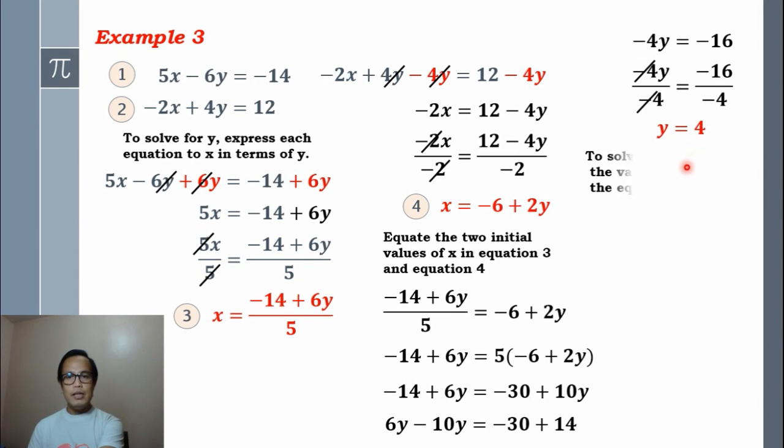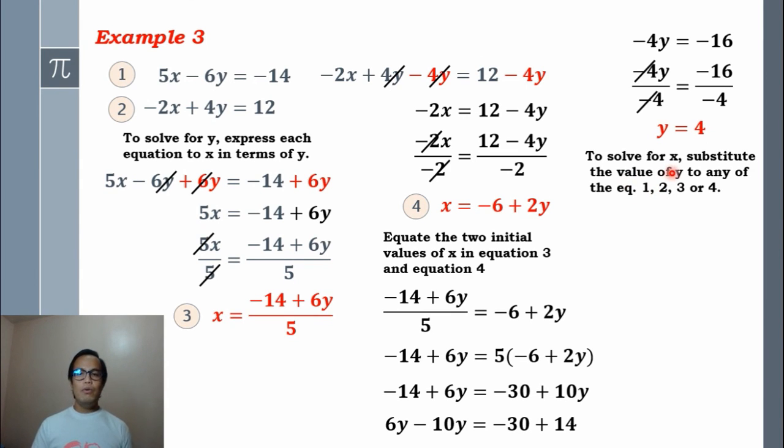The same process. To solve for x now, substitute the value of y to any of the equations 1, 2, 3, or 4. So either of these 4 equations. For this example, we use equation 4. We have here negative 6 plus 2y. Substitute the value.